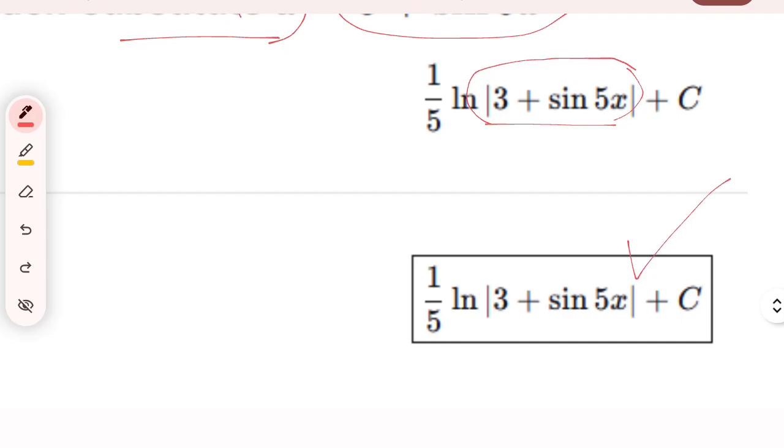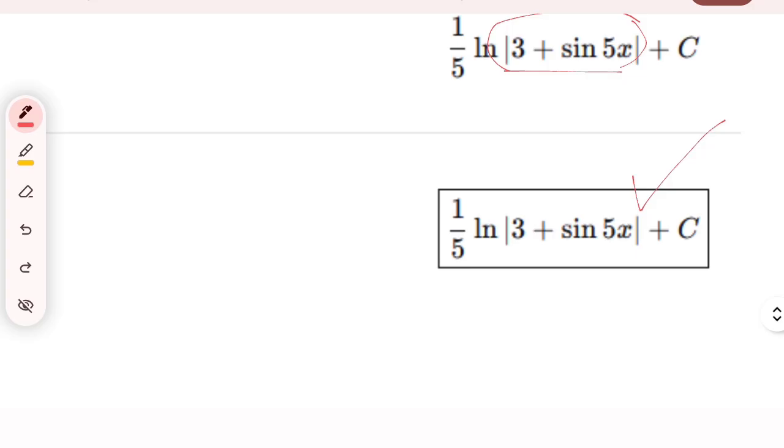It is easy actually, for as long as you think that the derivative of the denominator is the numerator. Just think from the back of your mind, oh, I might take the derivative and check if it is equal to the numerator.